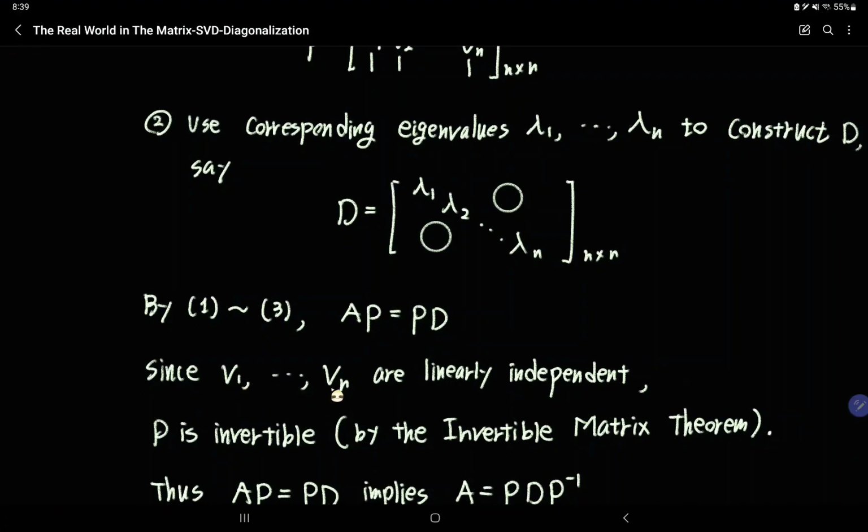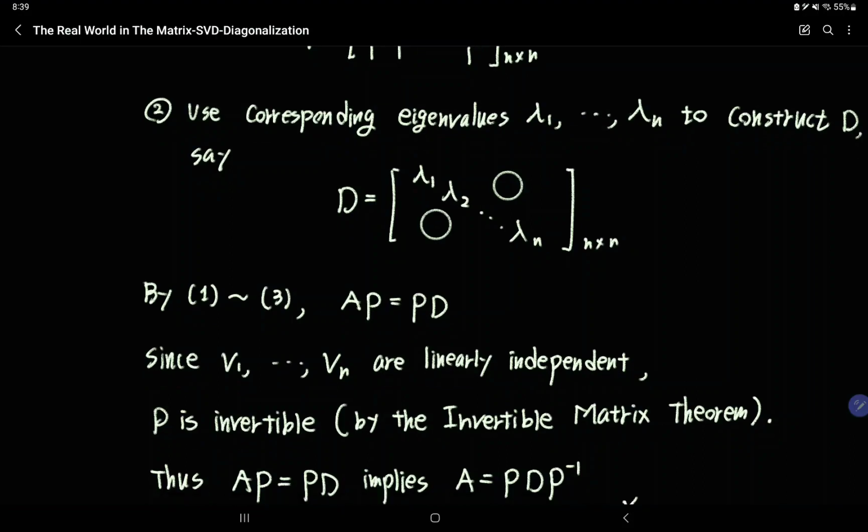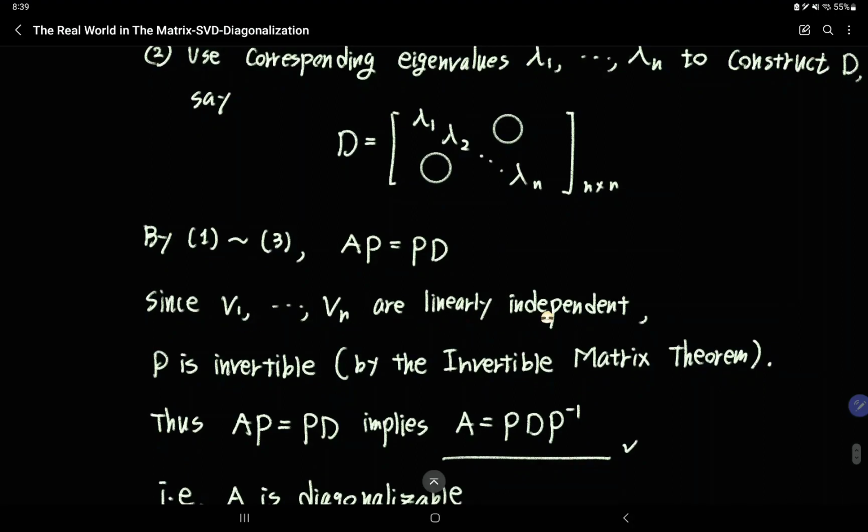And v1 through vn are linearly independent, that's our assumption. So what do we want to show? We want to show that A is diagonalizable, which means that A can be factorized as PDP inverse.